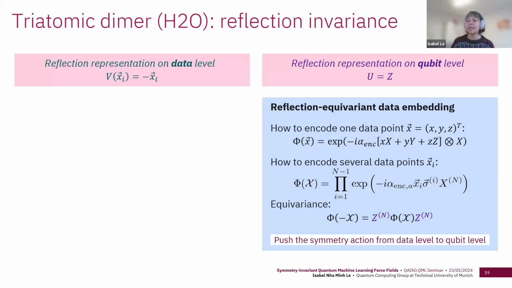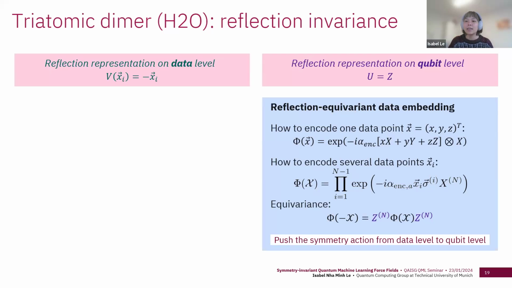For the equivariant data embedding of one data point, we expand the embedding scheme that we used before and make use of an ancilla qubit where a Pauli X operator just handles any sign flip that could occur from this reflection symmetry. And to extend this for the encoding of several atoms, because here we do look at two water molecules, right?